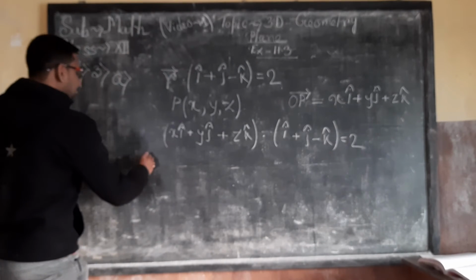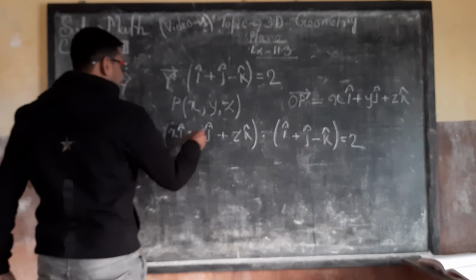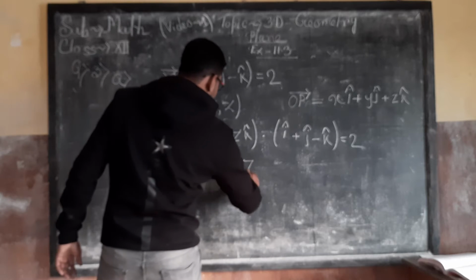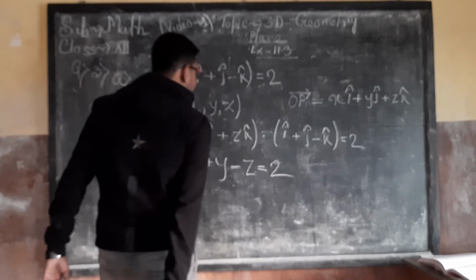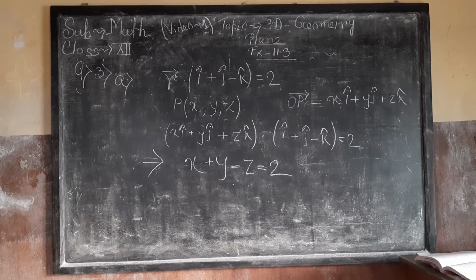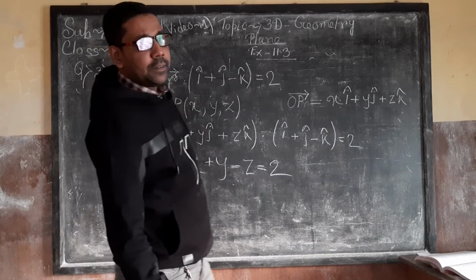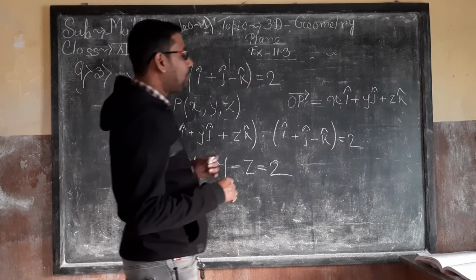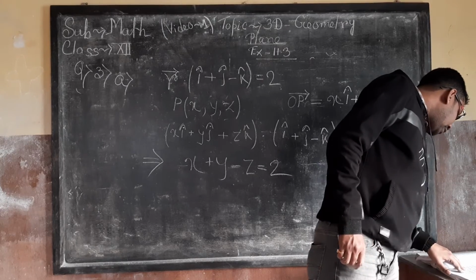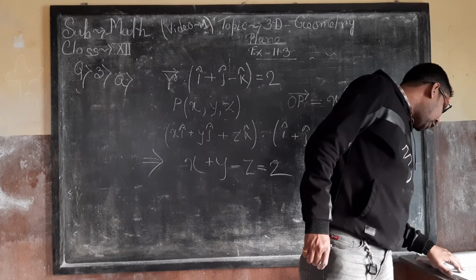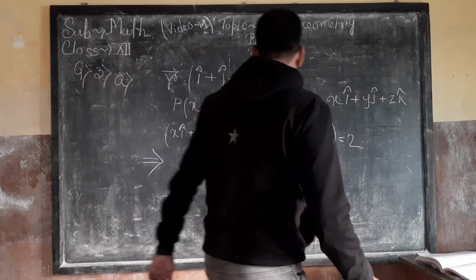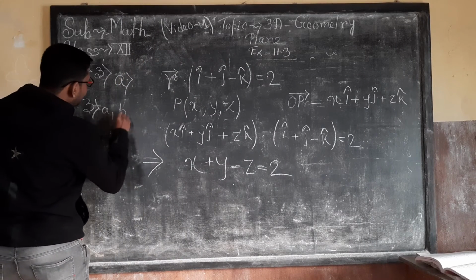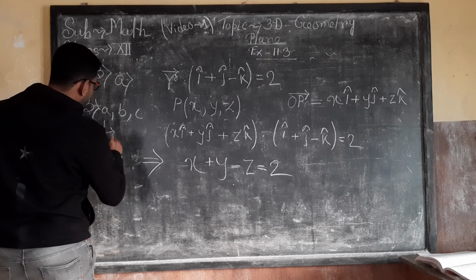After performing the dot product, we get x plus y minus z is equal to 2. This is the equivalent Cartesian form of this equation of the plane. With the help of this concept, we can easily solve all the questions of question number 3, that means 3 A, B and C.